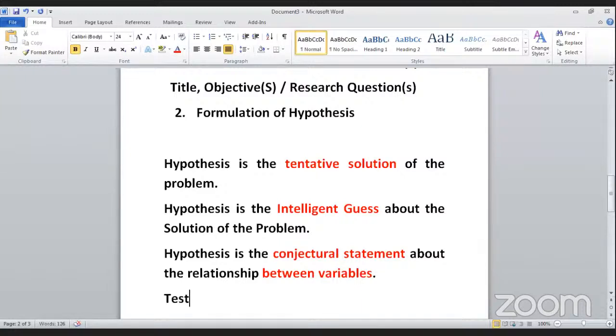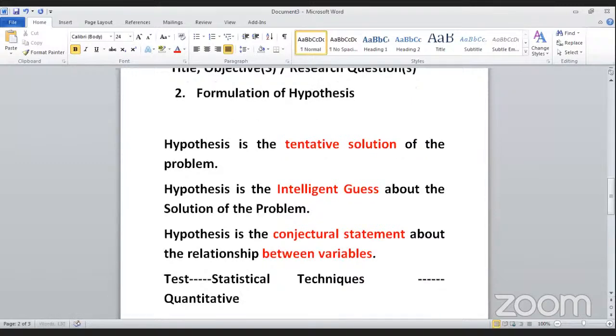And when you test the hypothesis, the testing has to be done with the help of statistical techniques. And when you want to analyze the data with the help of a statistical technique, you must have quantitative data.